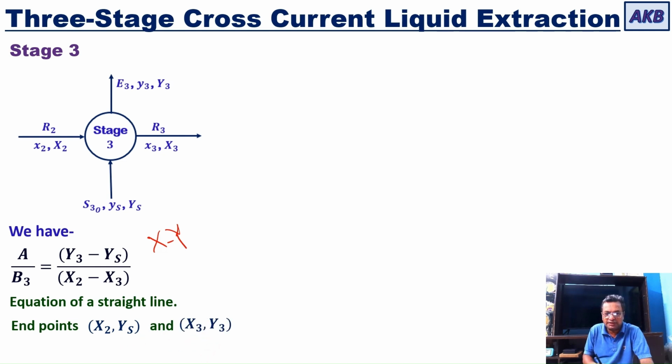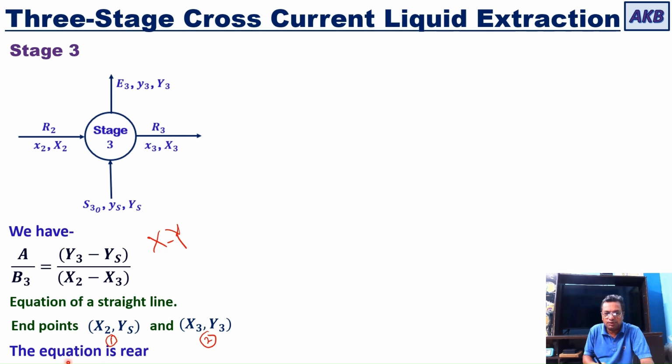So if you call this endpoint 1 of the line and this endpoint 2 of the line, we will rearrange the equation so that coordinates of point 1 are subtracted from the corresponding coordinates of point 2.